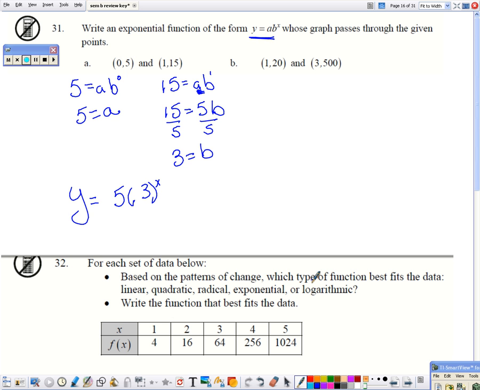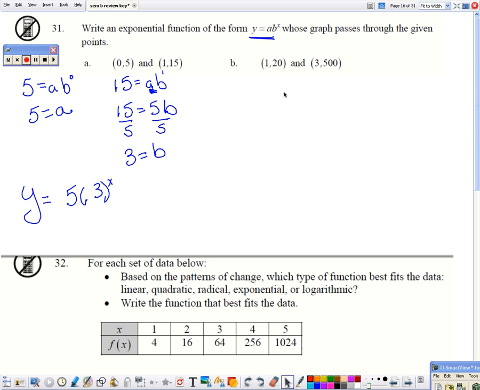Now for b, we're going to actually have to solve two equations in two variables, because when I plug in my 1 and I plug in the 3, there's nothing that simplifies just like this one did to our first answer.